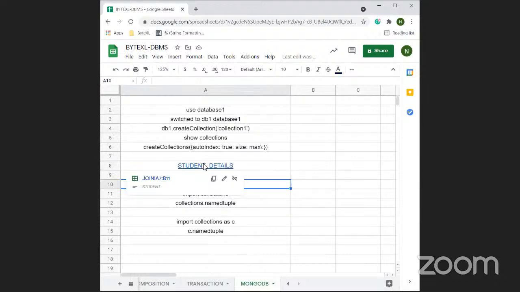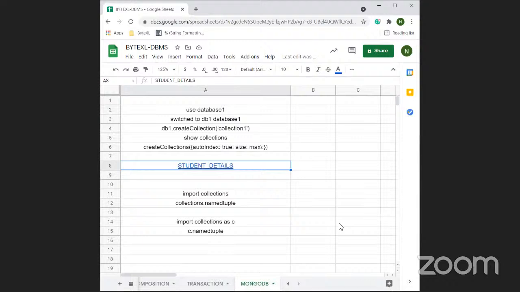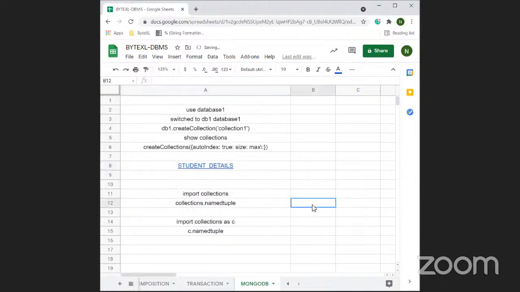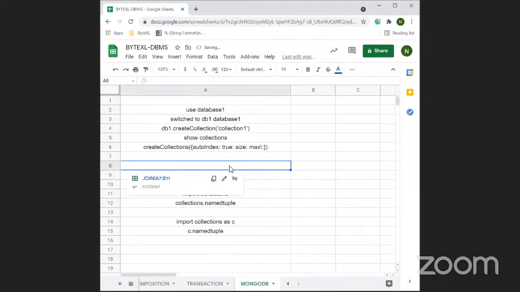The student details, is it copying the table? No, it is just providing us a link to the table. And of course, here we can provide links to multiple tables as well. I can add the link to another details as well. For two tables, I can do that simultaneously.